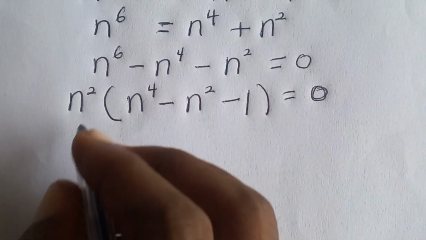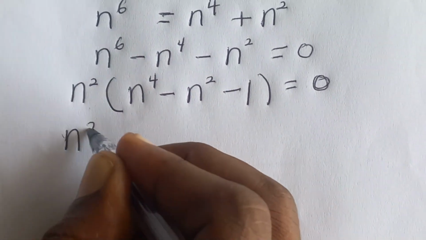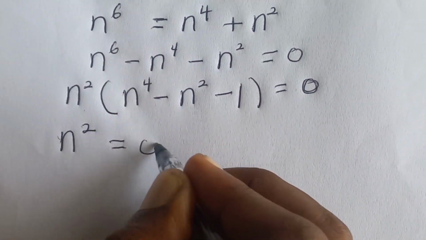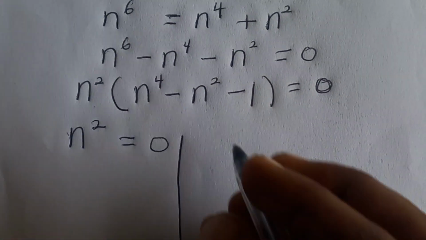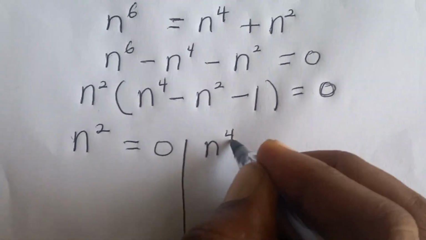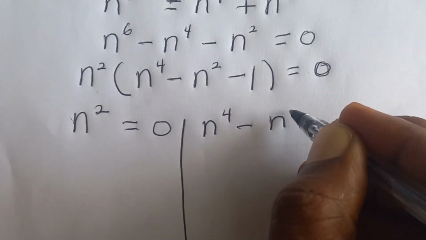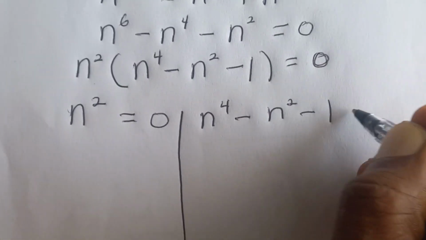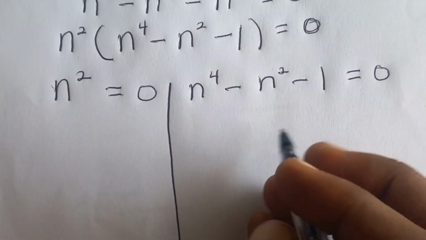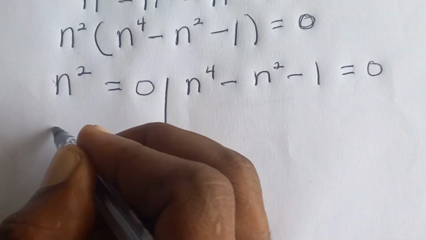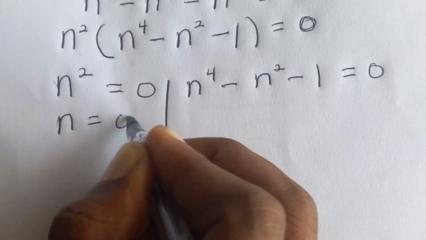Now, you can also say that n exponent 2 is equal to 0 as case 1, then n exponent 4 minus n squared minus 1 is equal to 0 as case 2. So let's solve this one first. So in this case, n is equal to 0.